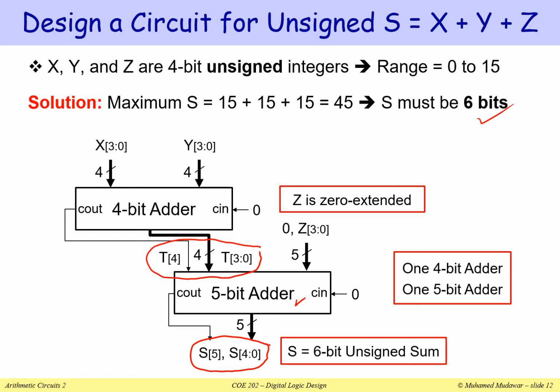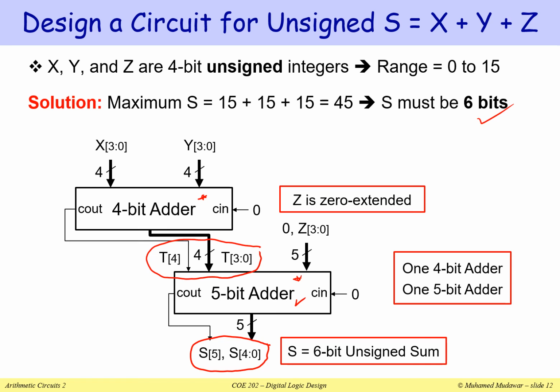So we use a 4-bit adder and we use a 5-bit adder. Inside this adder here, which is the 4-bit adder, we have 4 full adders. Inside the 5-bit adder, inside this block, we have 5 full adders.